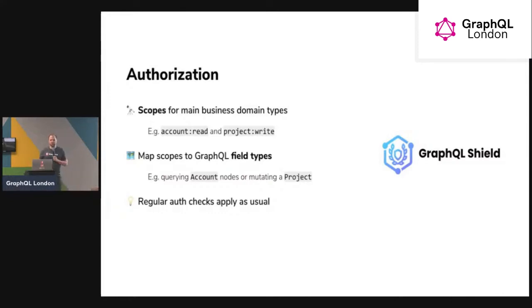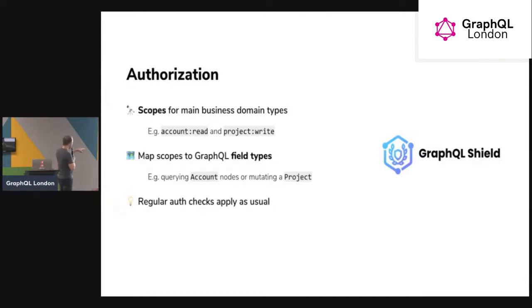What we settled on is your business domain type on the left-hand side, and then either read or write. So in this case, you could read the account and write to the project. And write implicitly means also read.